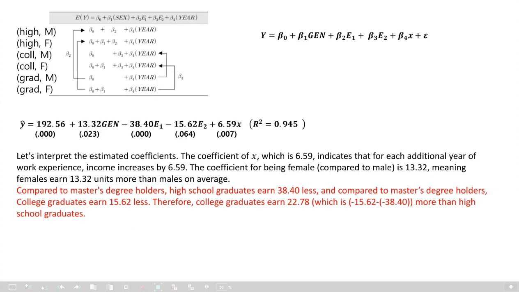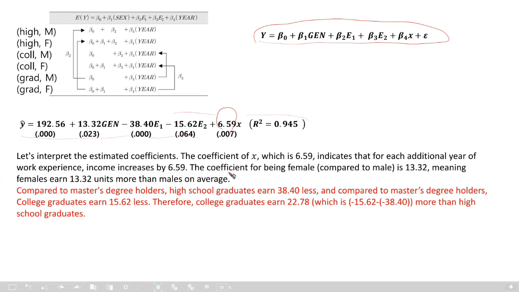Let's interpret the estimated coefficients. The coefficient of X, 6.59, indicates that for each additional year of work experience, income increases by 6.59.